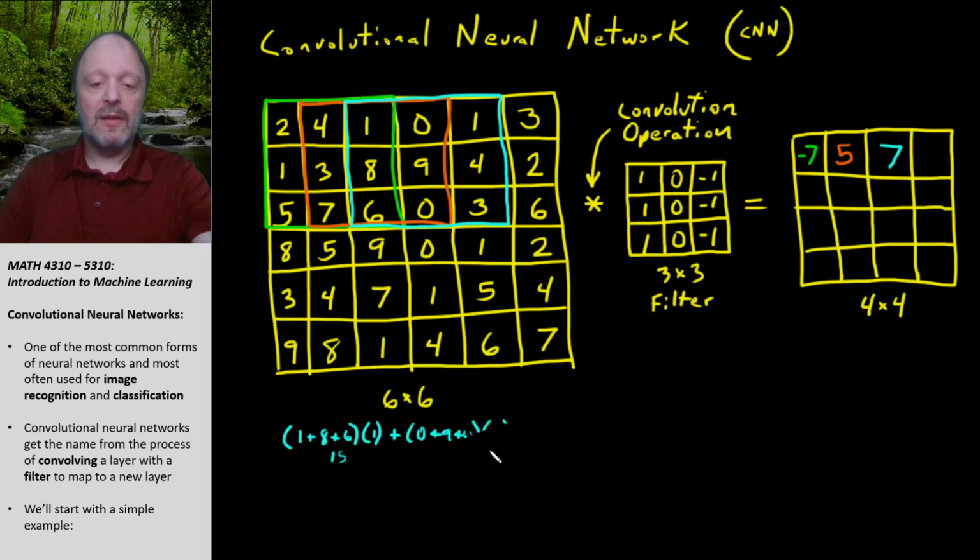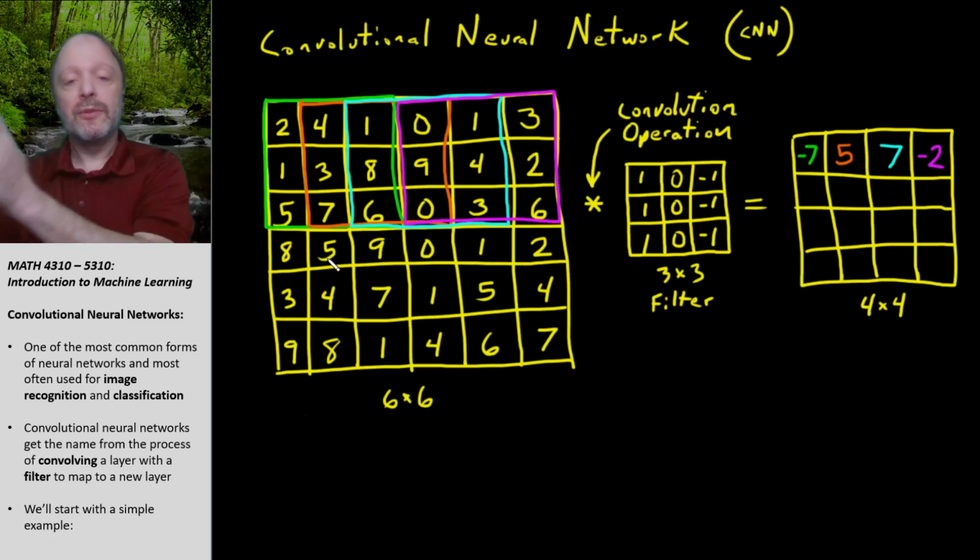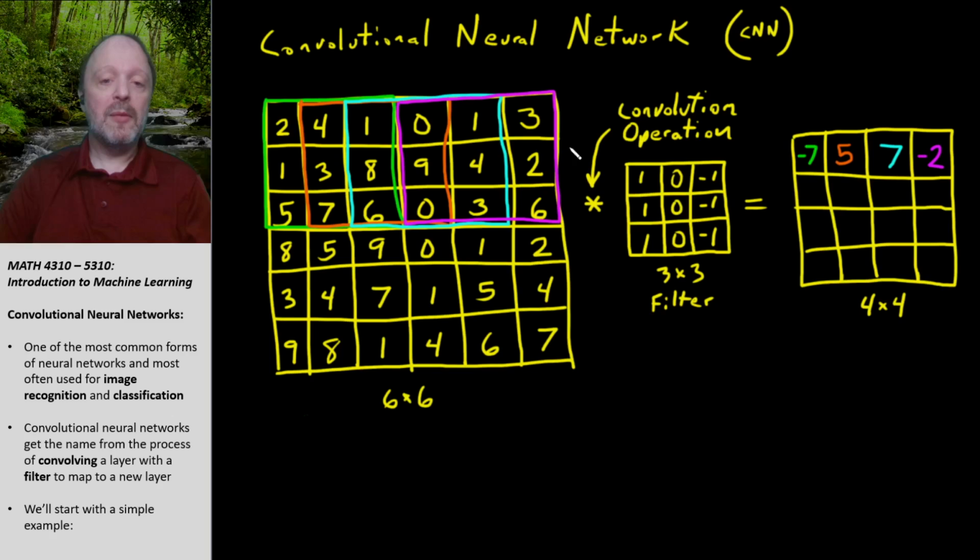Alrighty. Now, if I repeat this process, go to a different color, I would move it one step to the right. So it would be right over here, just like this. And when I did all those values, I would wind up with something that looks like -2, I believe, just looking at it. Okay, now I've convolved the filter with the pixels heading straight across, but now I've reached the edge.